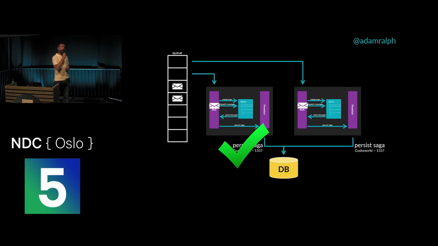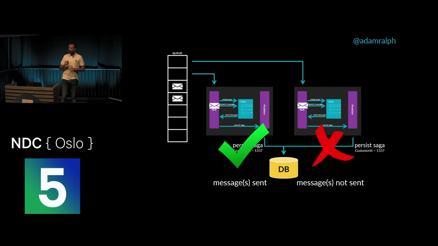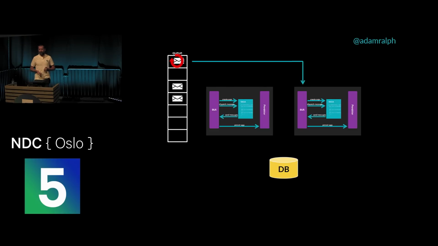We send the message as we save the Saga state. So those messages get sent. This transaction gets refused because it's trying to write to the same row. So these messages are not sent. At that point, that message gets rolled back to the queue. It gets invoked into the Saga instance again. Now the Saga is going to read the updated state from that other thread. It will now be 100.